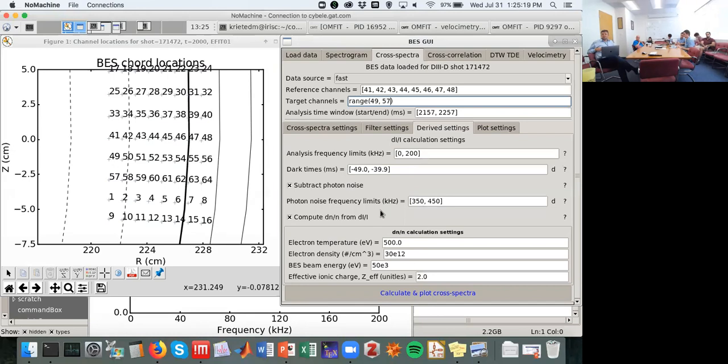And then there's a coefficient based on atomic physics that relates the fluctuations of that line intensity to fluctuations in the true plasma density. Normally that coefficient is about 1/2, and it varies very weakly with plasma parameters. But if you really want to make sure you have that value as accurate as possible, you can type in different plasma parameters, which you'd get from Thomson data or other diagnostics, and it will calculate the actual value of that coefficient. So here I have generic parameters for this plasma.